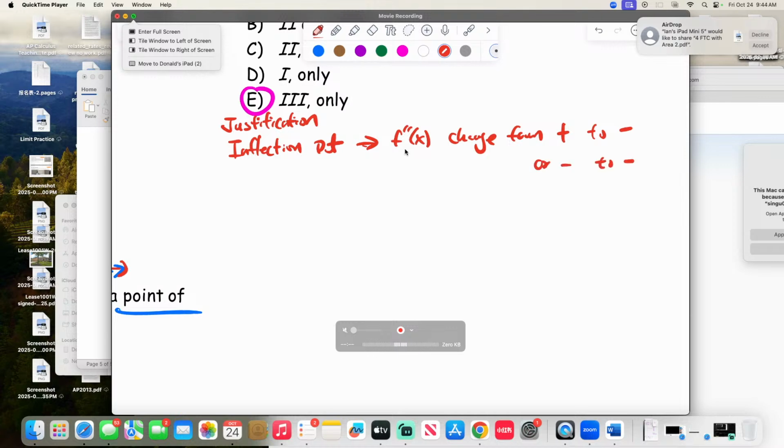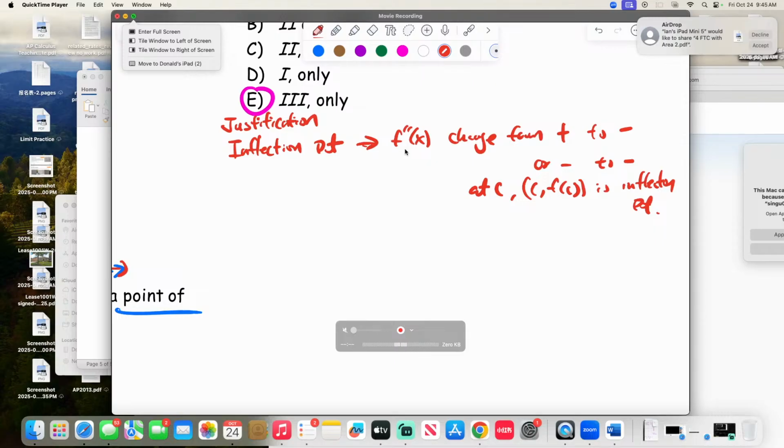It depends, so you have to look at a number line, right? And then you can say it's at C, therefore C comma f of C is an inflection point. If the AP exam asks you to justify, please write out this sentence. This is how you get easy points, because once you did the number line part, which is the hard part, this is actually easy points.